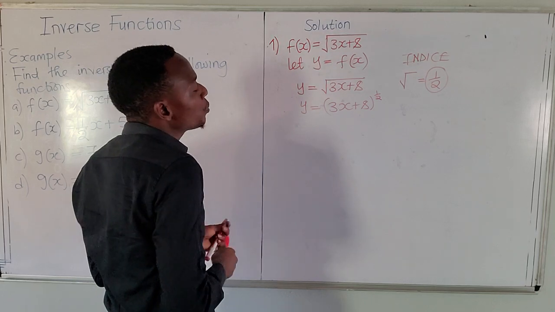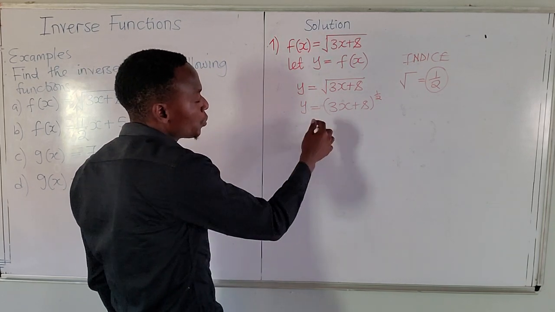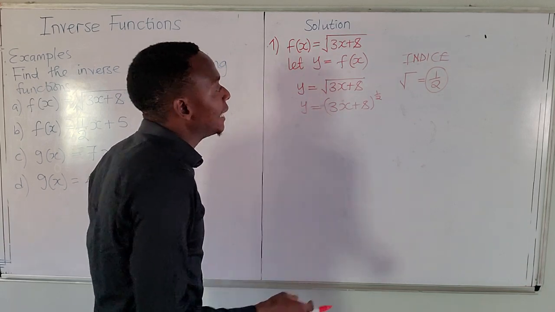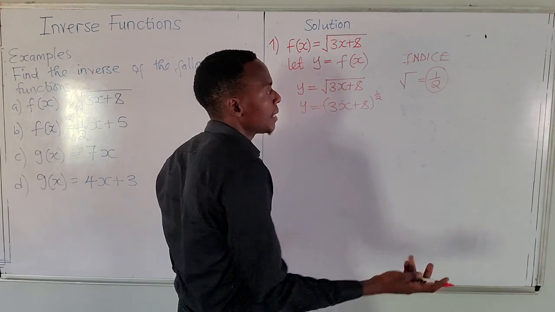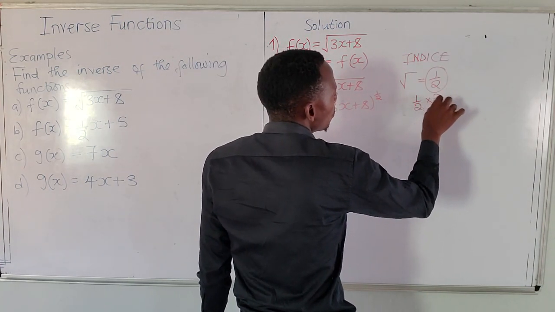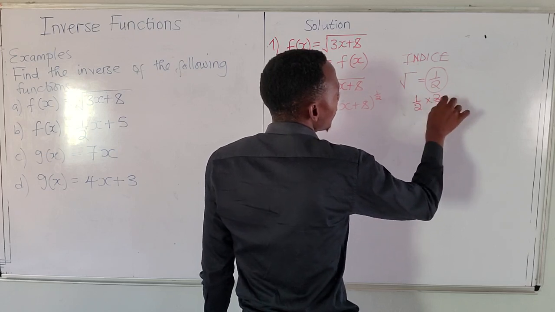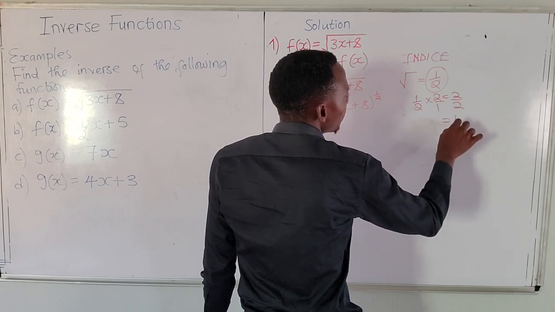See? So now we have to look for a number such that when we introduce it on both sides and multiply it by 1 over 2, it can give us 1. What number is that? When you just look at this, 1 over 2 times 2 gives us 1 times 2, 2, 2 times 1, 2. So this gives us 1.